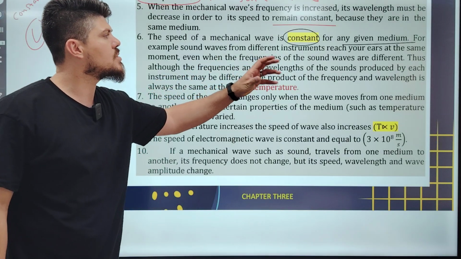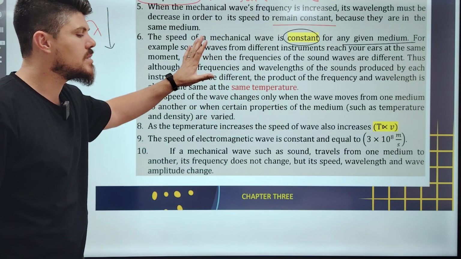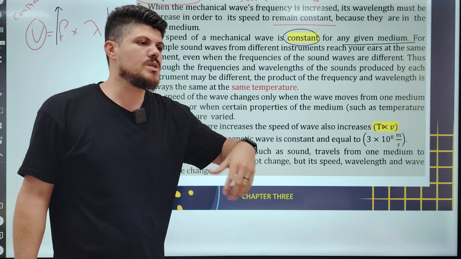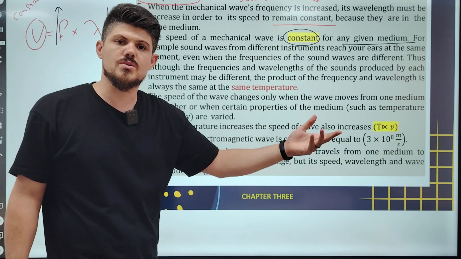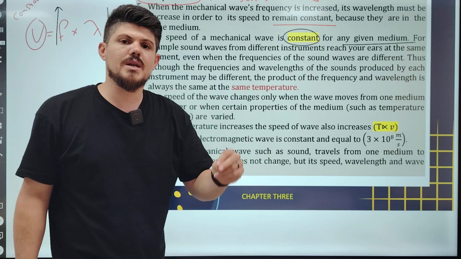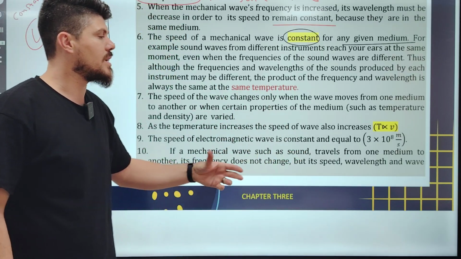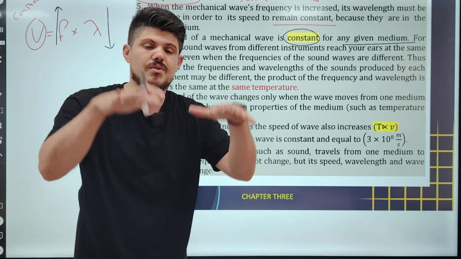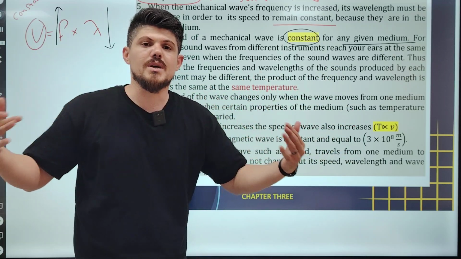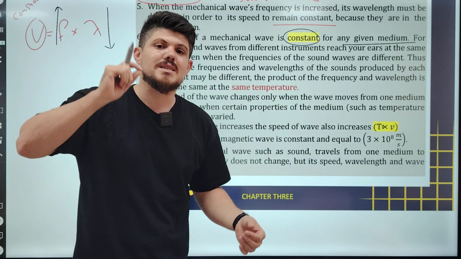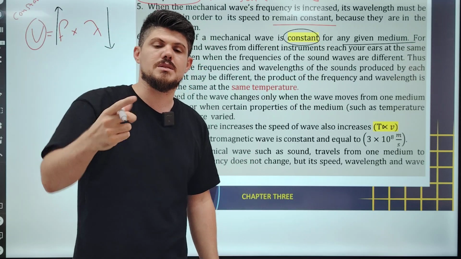Even when the frequencies of the sound waves are different, the frequency of the piano is different from the banjo, the trumpet, and the flute. Any instrument has its own frequency and wavelength, but all instruments in a given medium, such as the air in the orchestra, reach your ears exactly at the same time, at the same speed.